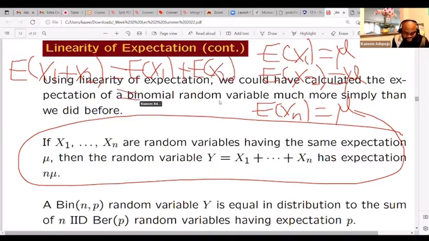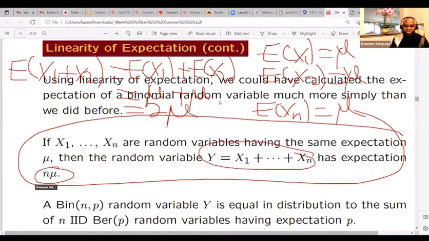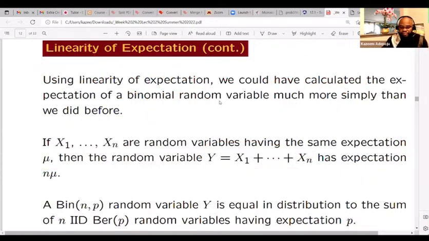Since they have the same mu, it's going to be mu plus mu, which is 2 mu. If there are 3 variables, it's going to be 3 mu. If there are 4 variables, it's going to be 4 mu. If there are n variables, then it's basically going to be n mu. That is what we mean, because they have the same expectation.